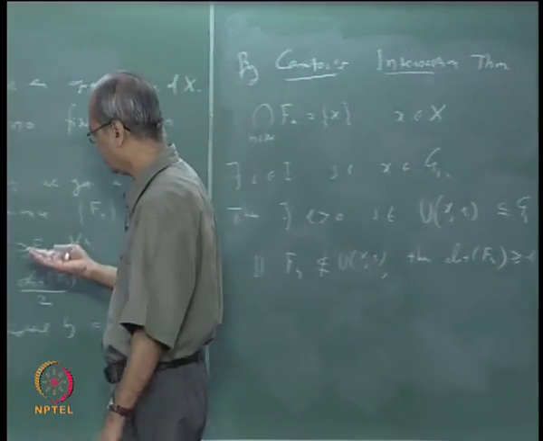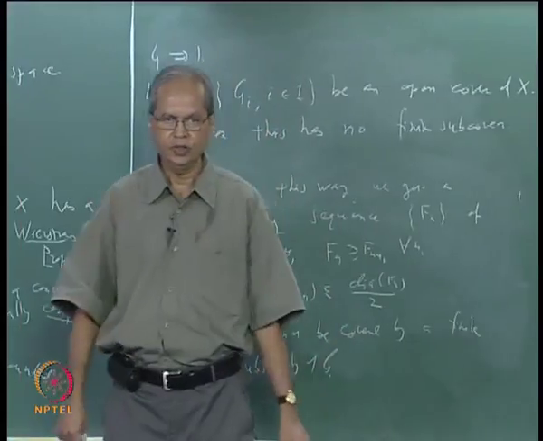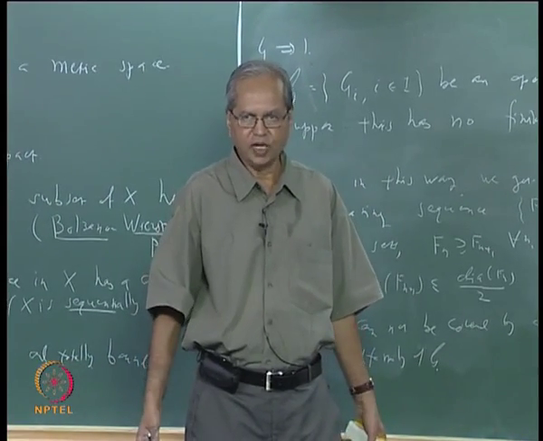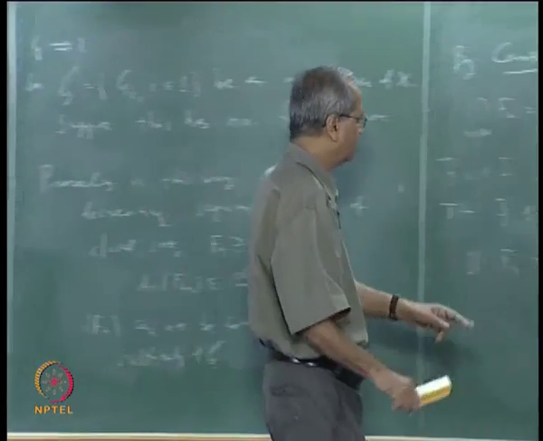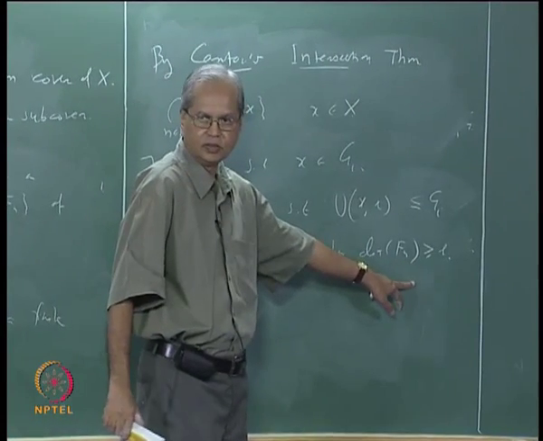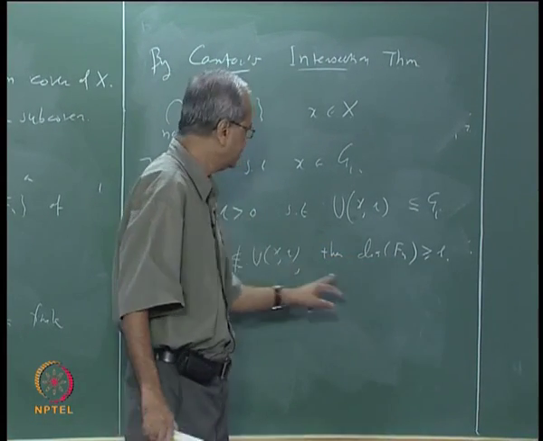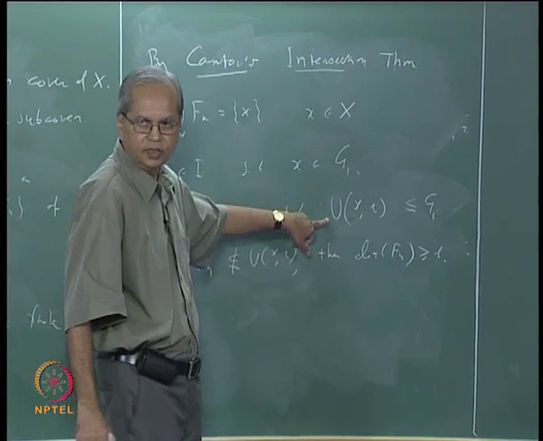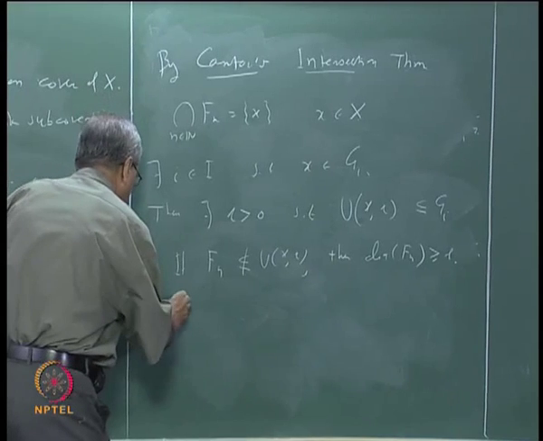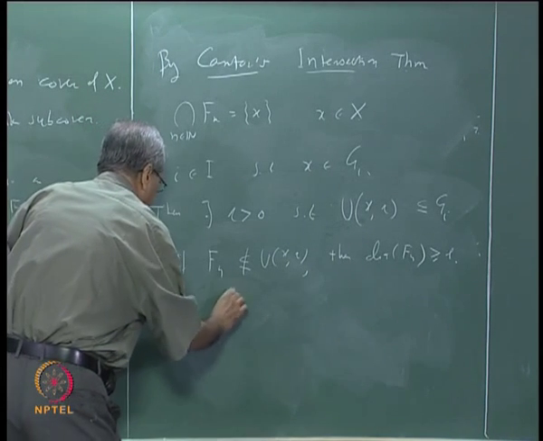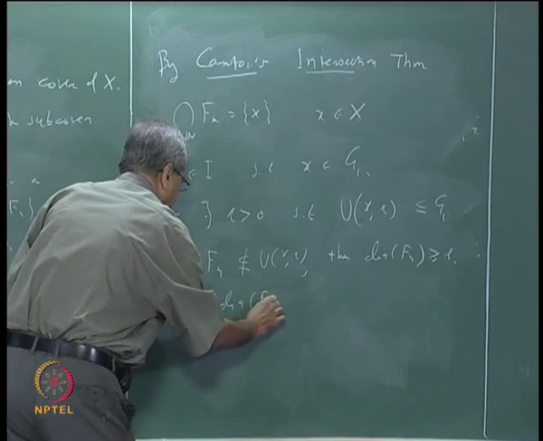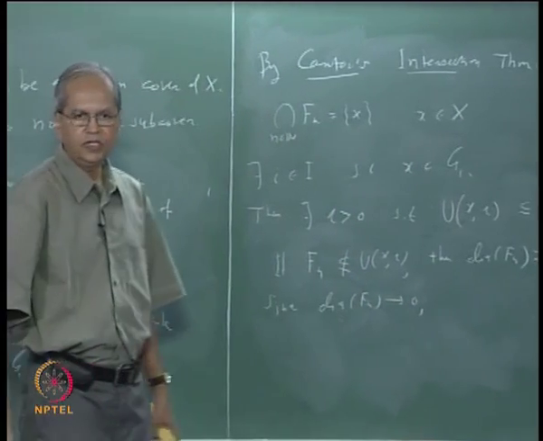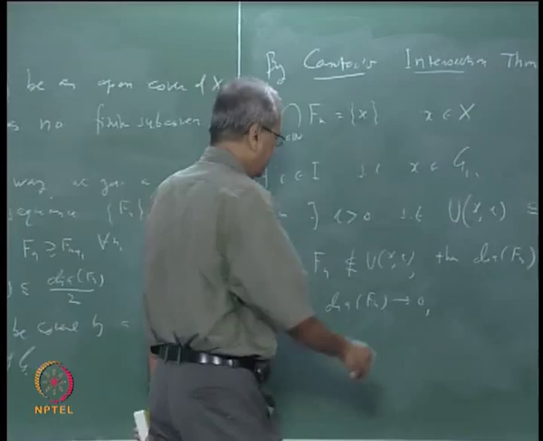We know that the diameter of F_n tends to 0, so we can always find some large value of n such that the diameter of F_n is strictly less than r. But if that is the case, then that F_n must be completely contained inside this ball.